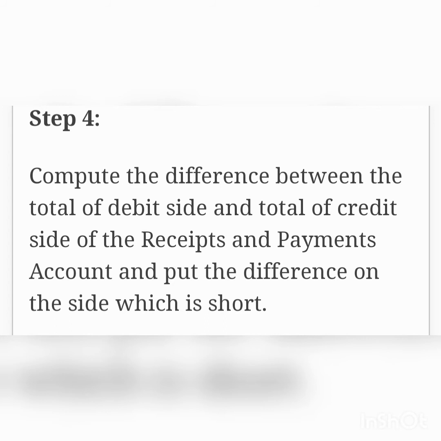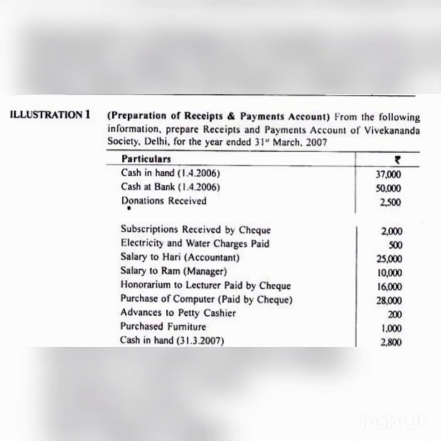Now we are going to solve one problem. Prepare receipts and payments account. From the following information, prepare receipts and payments account of Vivekananda Society, Delhi for the year ended 31st March 2007. The cash in hand and cash at bank, that means opening balance of cash and bank balance, are given.